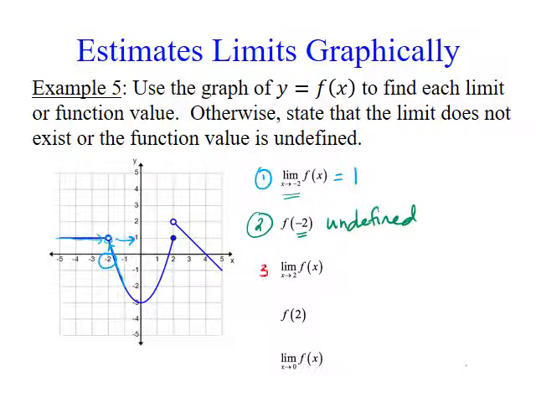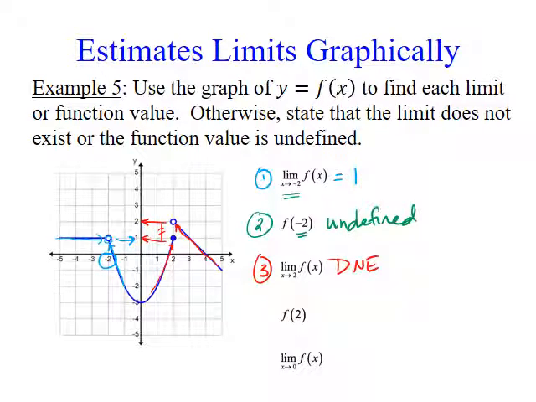In number 3, now we want to find the limit as x approaches 2. So when I look at this, as x approaches 2 from the left, the intended height is 1. But as x approaches 2 from the right, the intended height is 2. Since those are unequal, this limit does not exist.